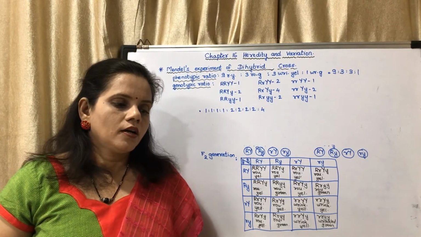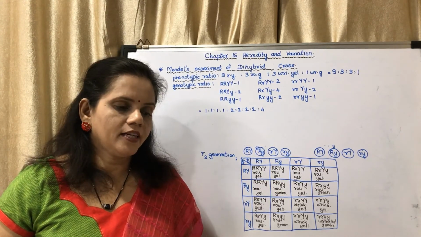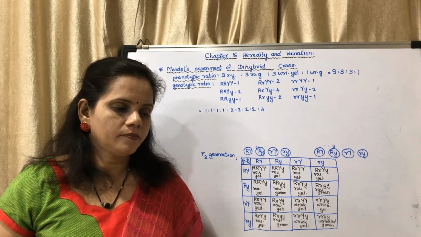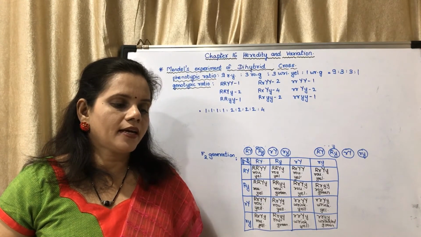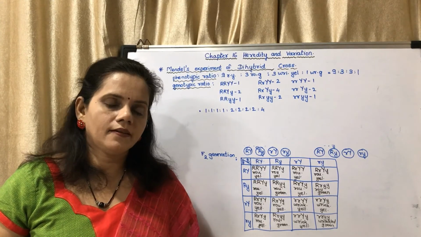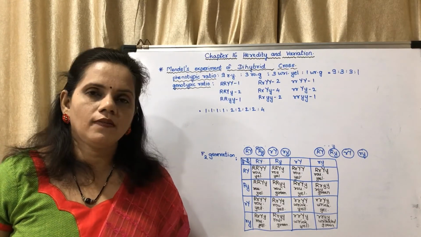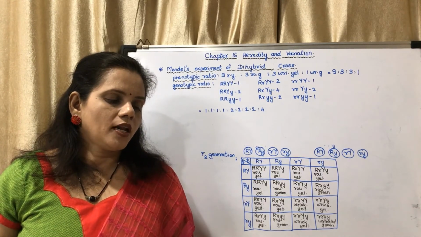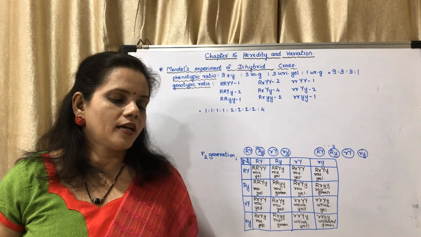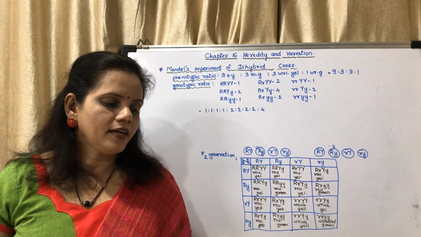Genotypic ratio: RRYY 1, capital R, capital R, capital Y, small y 2, capital R, small y 1, capital R, small y, capital Y 2, capital R, small r, capital Y, small y 4, capital R, small y 2, small r, capital Y 1, small r, capital Y 2, small r, small y 1.